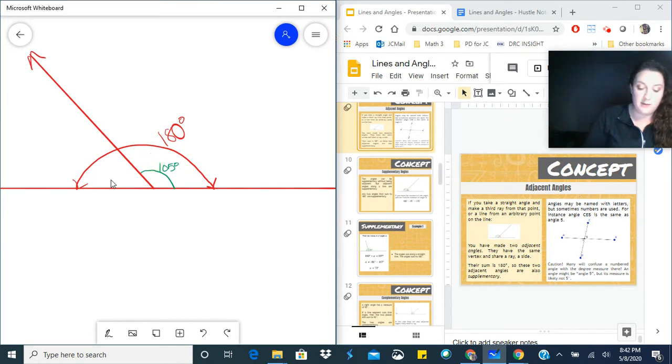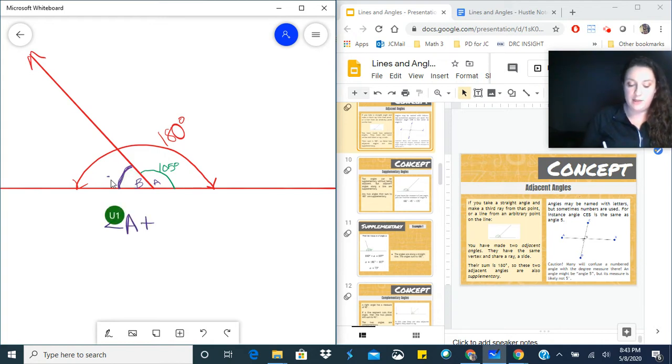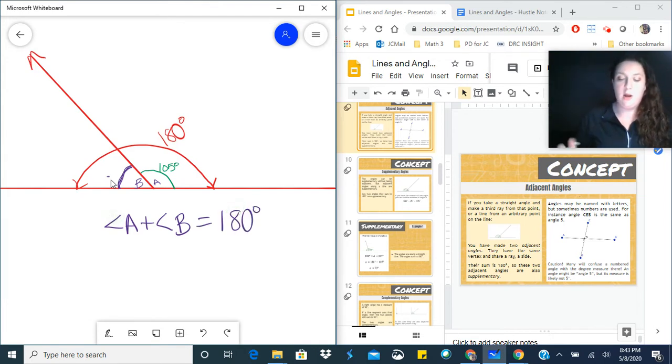So what we want to know is, how big is this angle? Makes sense, right? So basically, this is our adjacent angle. We'll say this is angle A, and this is angle B. Angle A plus angle B will always equal 180 degrees when our degrees are on a straight line.